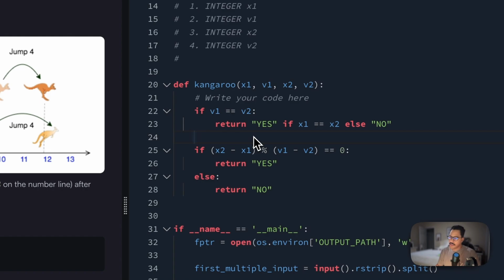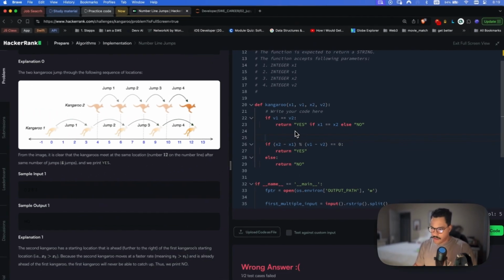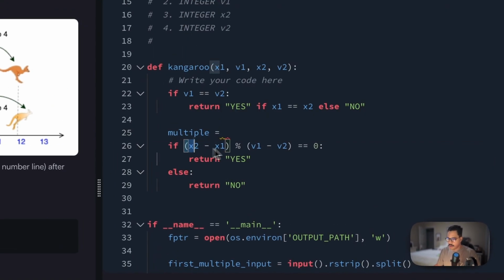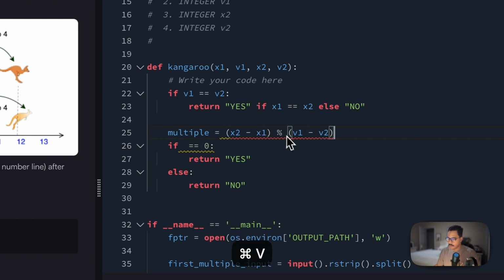If the difference, maybe I say multiple equals, I'm just going to try to put it here instead of raw dogging it and say that's the formula for that.